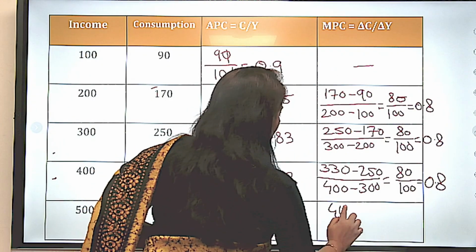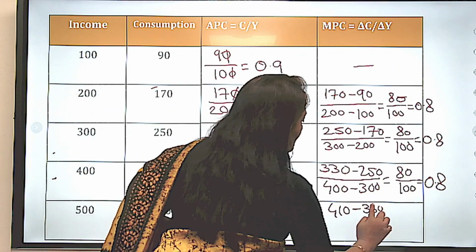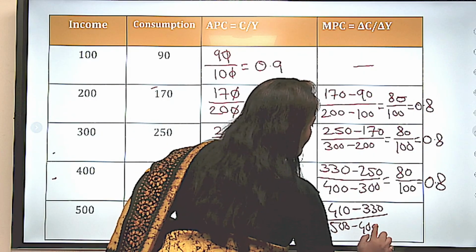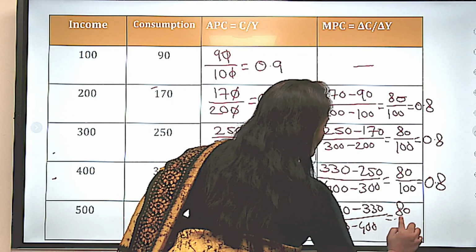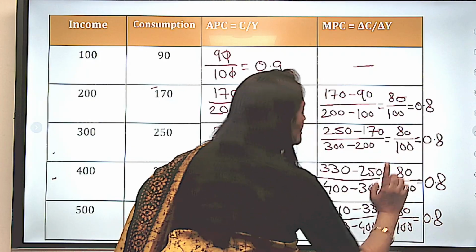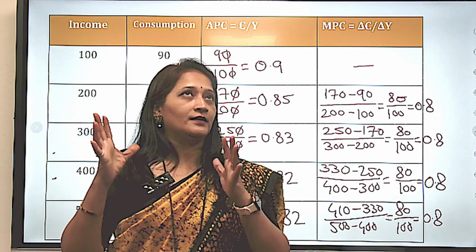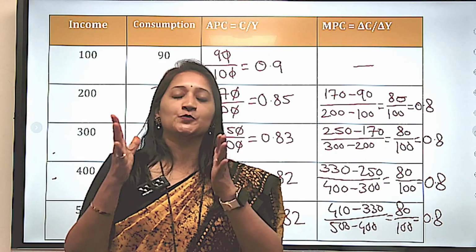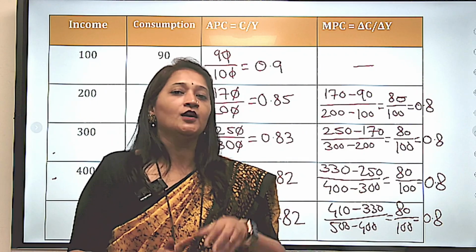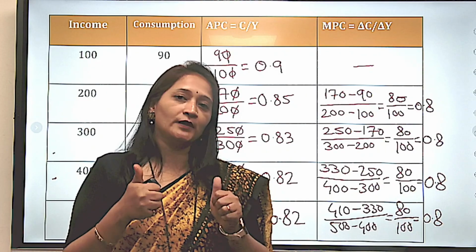And I'm sure you must have done this calculation. 410 minus 330 divided by 500 minus 400, again 80 upon 100, which is nothing but 80% of induced consumption. 80% of income you are spending on consumption, that is induced consumption. Okay, you have got autonomous consumption and some part of your consumption is induced by your income.